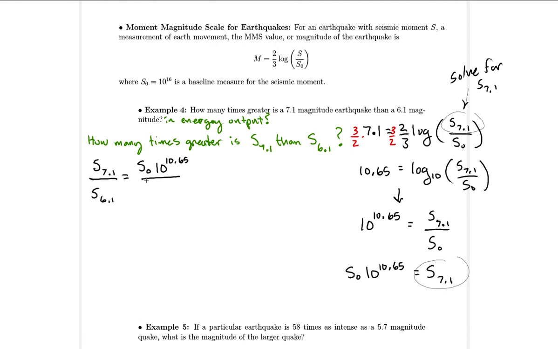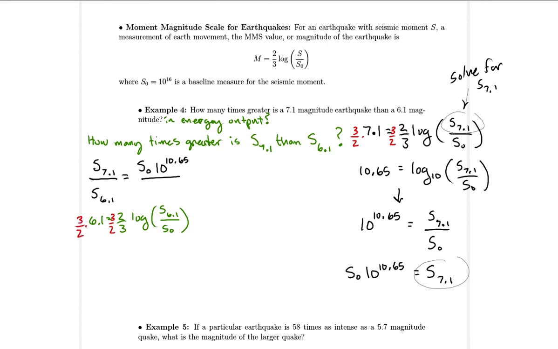I can do the same exact thing with 6.1. So let's do that down here. Do it in another color so it's a little easier to follow. So 6.1 is equal to 2/3 log of that, multiply by 3/2 on both sides.